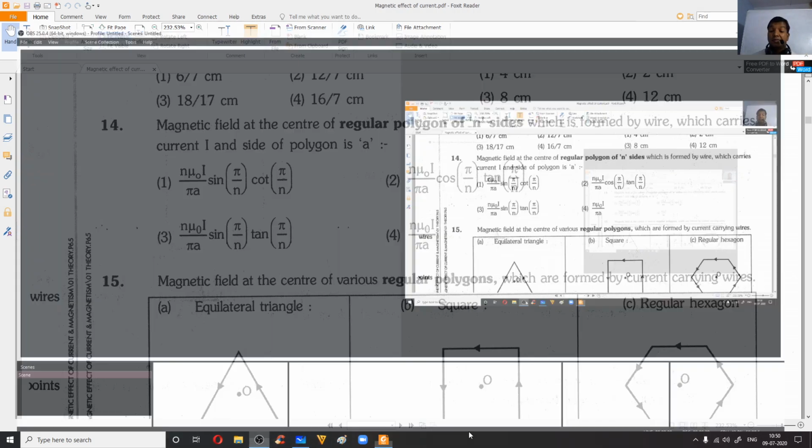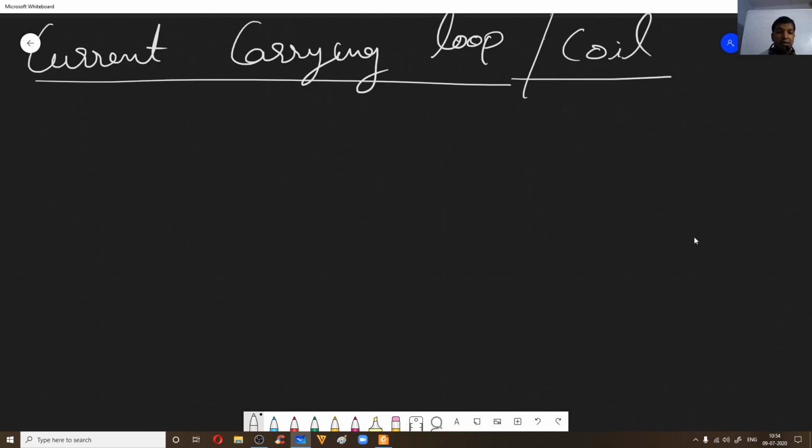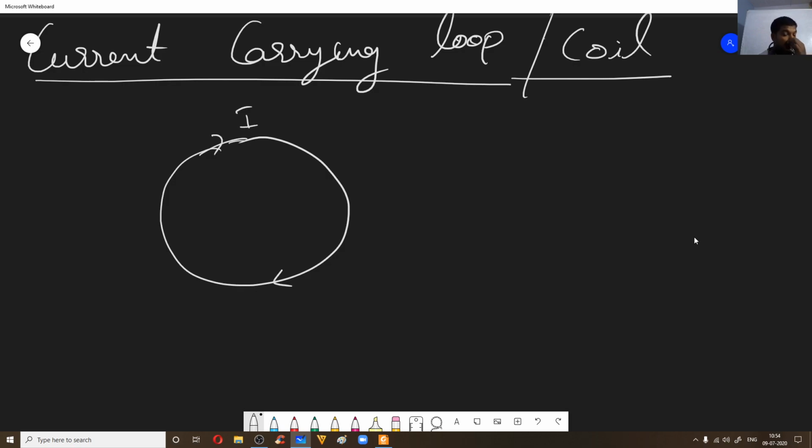Now moving on, let us see this topic: magnetic field at the center of a current carrying loop and coil, a coil of N turns, let us say capital N. Here we have studied this already. If you have a current carrying loop, say the current going through it is I, the magnetic field will be given this way.